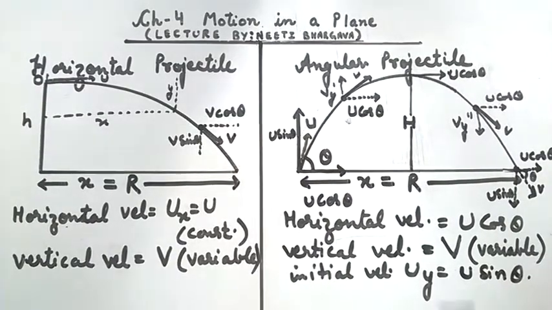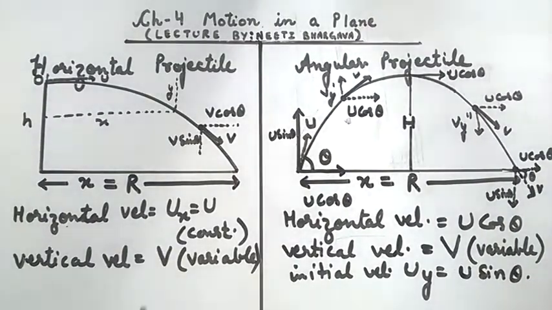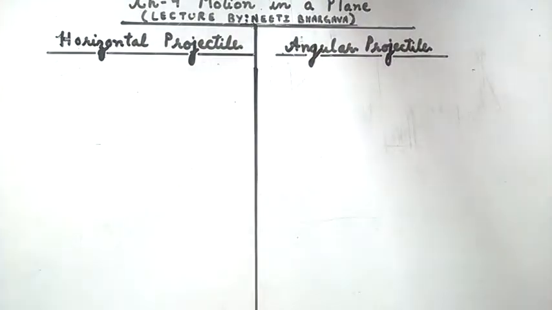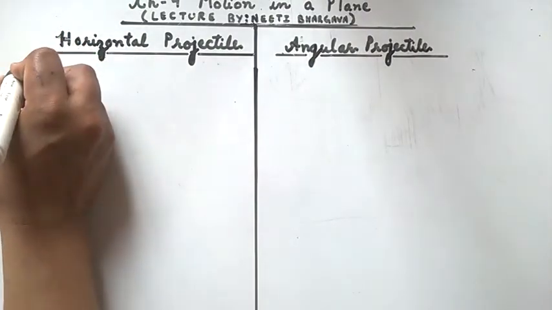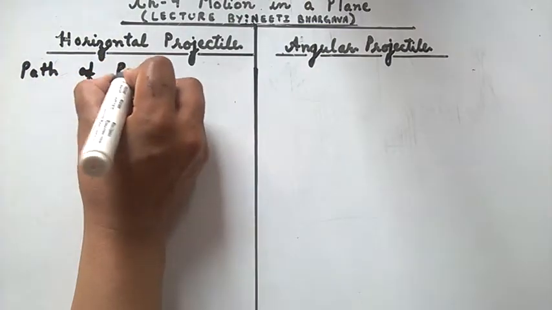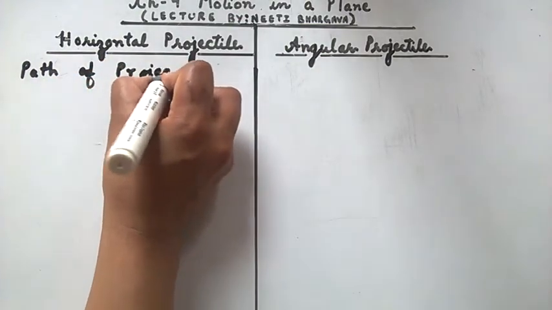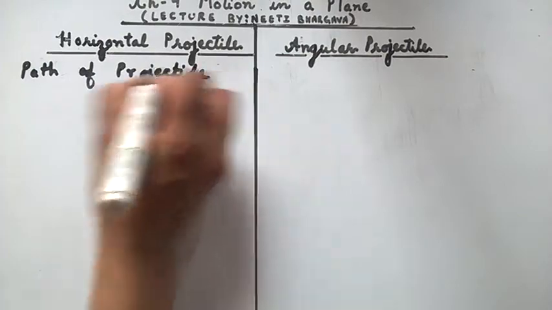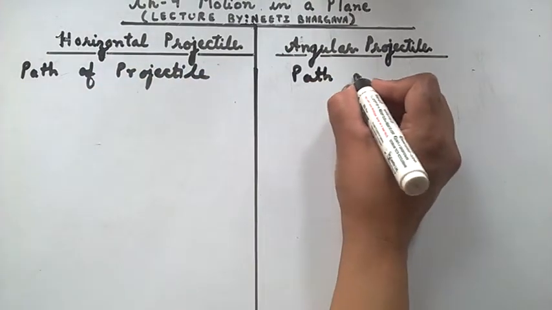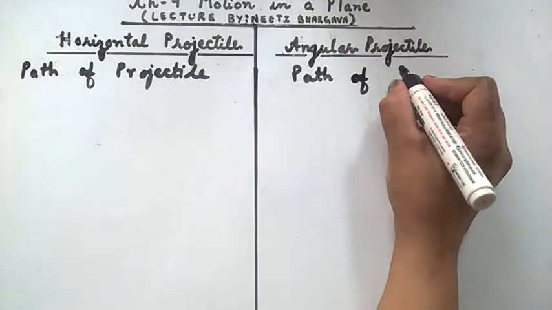Now by using these values, we can find the path of the projectile in both cases. Path of a projectile. To calculate the path of a projectile, we have to find the horizontal displacement and vertical displacement of the projectile.